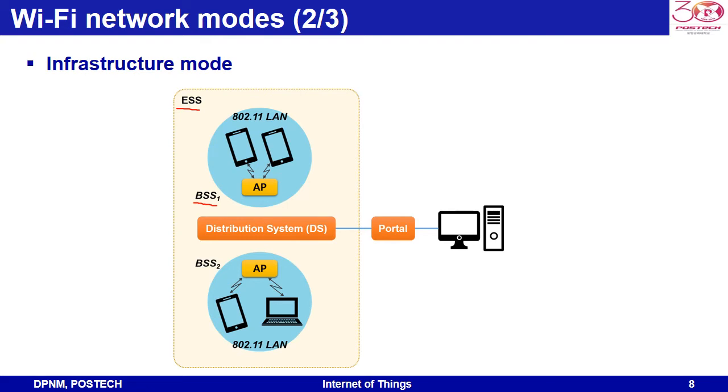An ESS lets mobile users roam anywhere within the area covered by multiple APs. BSS is connected to the wired network called the distribution system through the AP. And we call the connecting network in this way the infrastructure network.